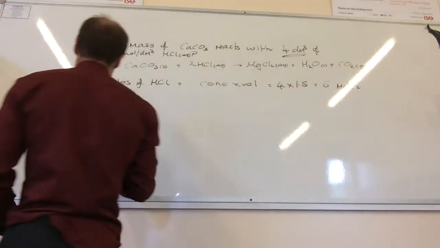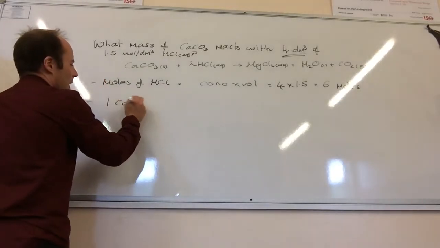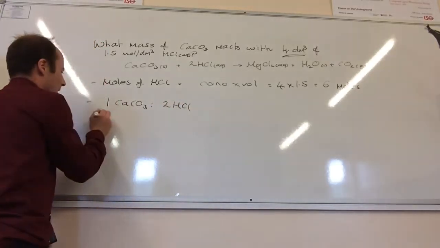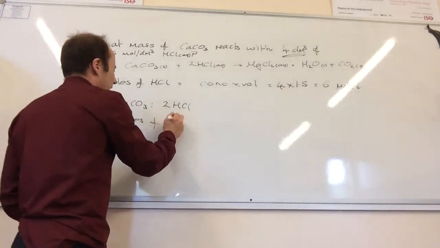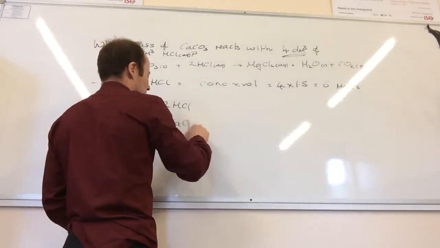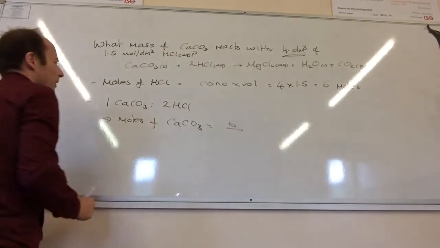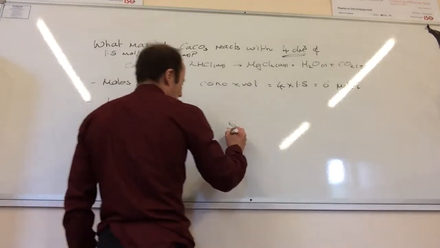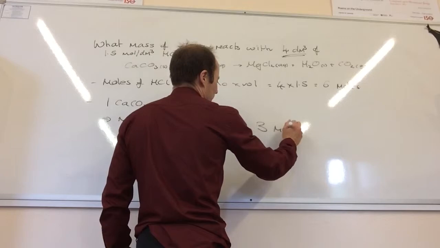Now I look at the equation. 1 calcium carbonate reacts with 2 HCl. Therefore, moles of calcium carbonate is going to equal the moles of hydrochloric acid divided by 2, which is 3 moles.